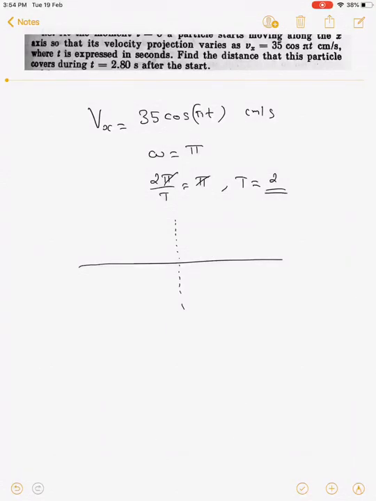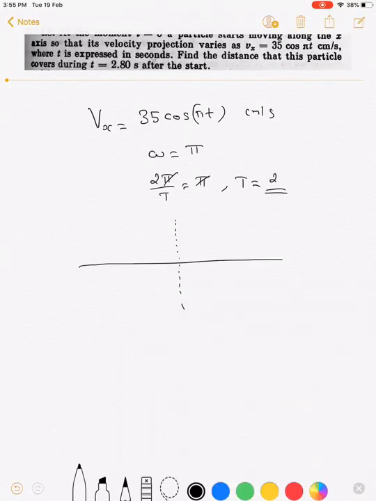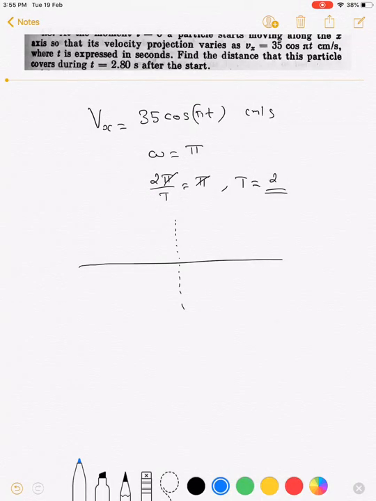Let's say the particle starts from its mean position. Then in a time of 2 seconds, the particle will complete one full oscillation. That means the particle will move from mean position to extreme position in 0.5 seconds, then to the other extreme position, then again come back to its mean position, which completes in 2 seconds.